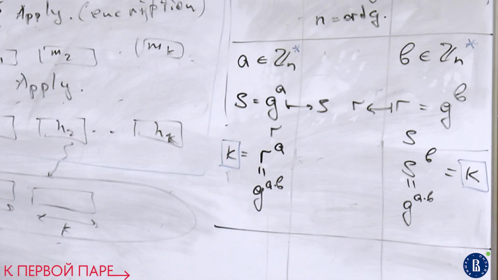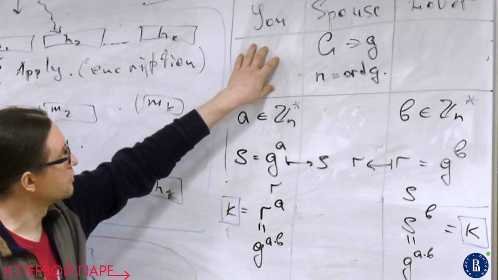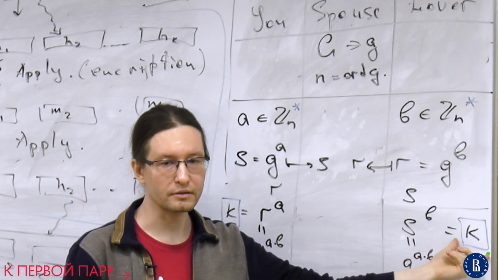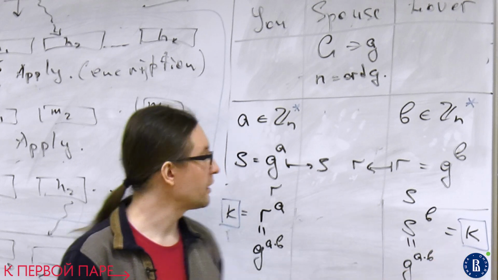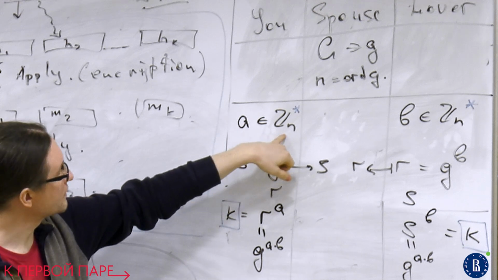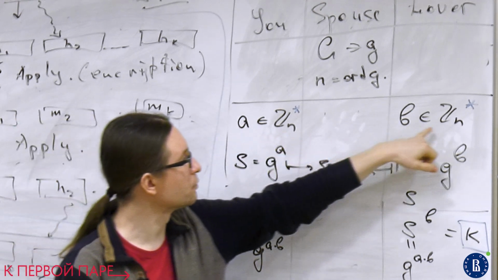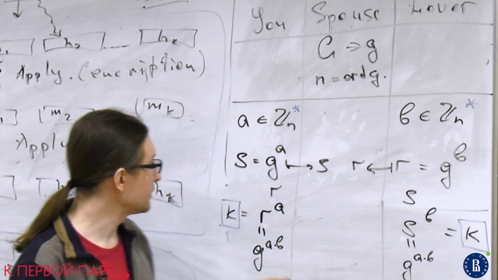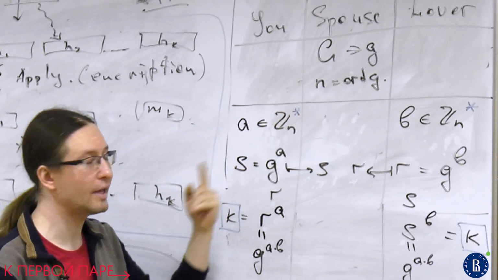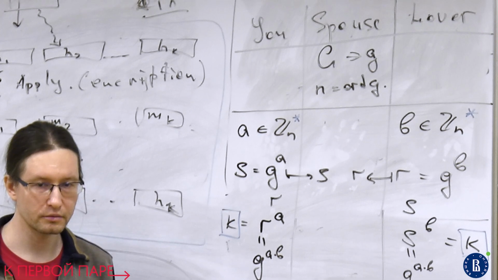So now, after this step, you and your lover have this common secret element. By the way, if element A was taken from Zn star and B was taken from Zn star, then if G is a generator, if G has order n, then G to the A also has order n.